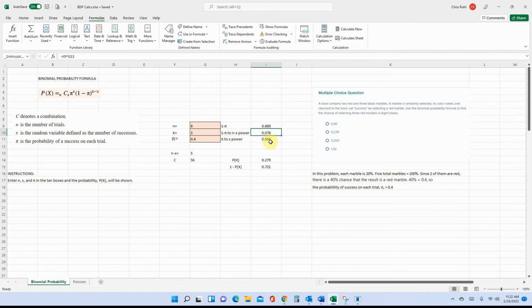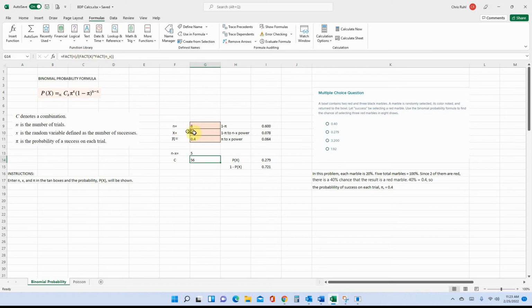The other part of the answer is C, and C is a bit complicated. You have to do a couple of calculations. Here's how you do it. You take the factorial, and when we're writing this on paper, we use the number followed by an exclamation point. The factorial of n, so that's 8 times 7 times 6 times 5 times 4 times 3 times 2 times 1, divided by the product of these two.